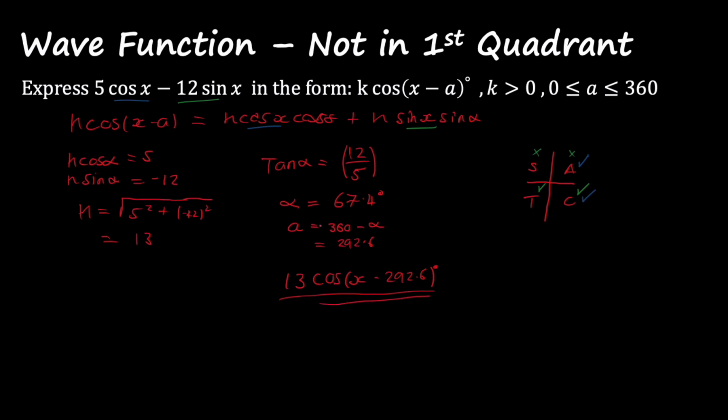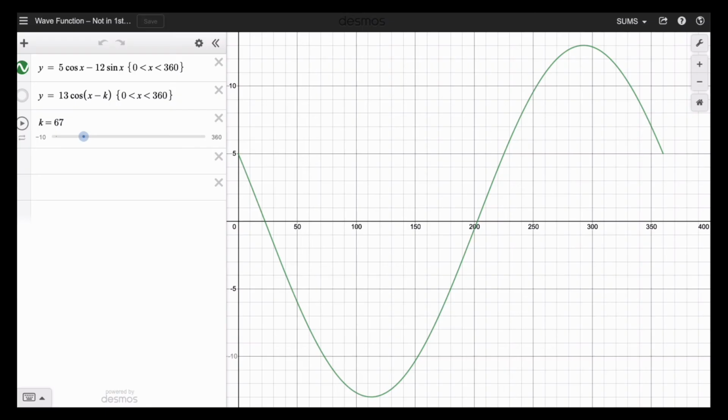So I'll take us over to Desmos in a sec and hopefully try and make it a bit clearer again why we have to check this quadrant, and why it's so important to relate its coefficients. We're back in Desmos again, and what I've done is I've sketched the graph of 5 cos x minus 12 sin x between 0 and 360 as in the question.